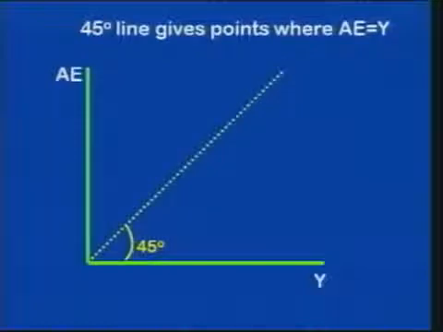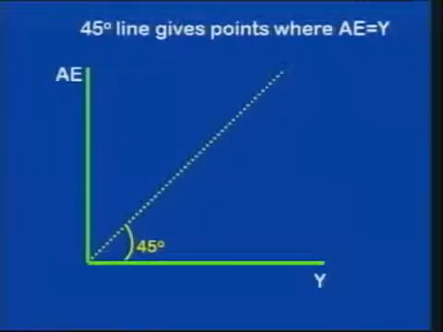This 45-degree line tells you the set of points that are potentially an equilibrium. This is aggregate output this way. This is how much we're producing. This is how much we want to buy going in this direction. And this 45-degree line gives you the set of points at which aggregate output is exactly equal to the amount that you want to buy.